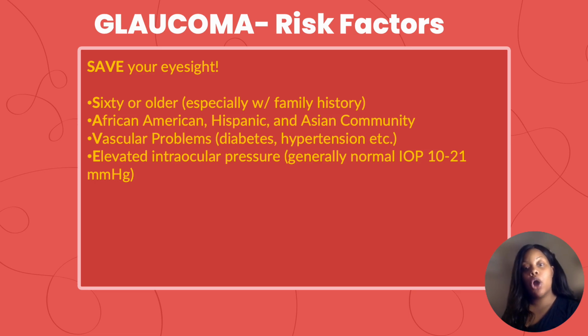And we've been talking all term long about how high blood pressure and diabetes can lead to other issues in the body. So you want to teach your patients about controlling their diabetes and their blood pressure so it won't lead to glaucoma. Those are risk factors, and elevated intraocular pressure also puts them at risk for glaucoma.